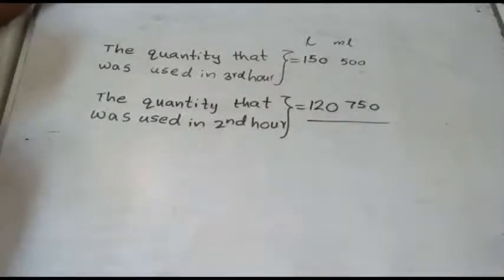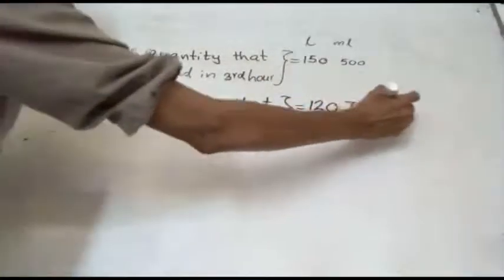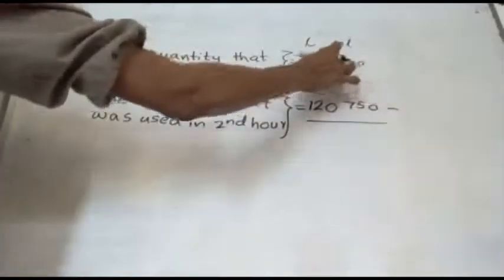By what amount is the quantity used in the third hour greater than the quantity used in the second hour? The quantity used in the second hour is subtracted from the quantity used in the third hour. Here 750 subtract from 500, we can't do it.